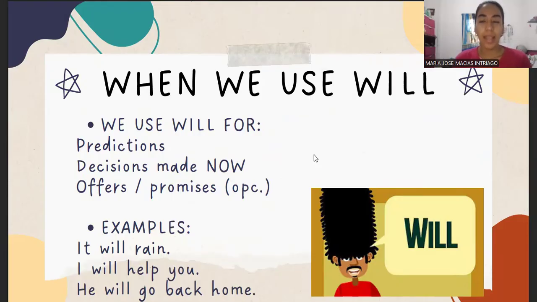That's a prediction. I will help you. That's a spontaneous decision. And he will be back home. These sentences show a situation happening in the future without any previous planning.